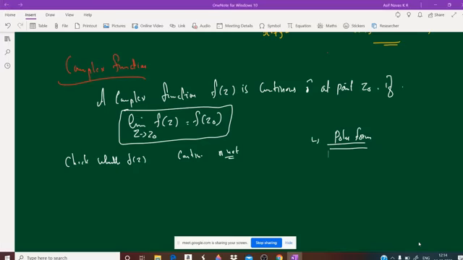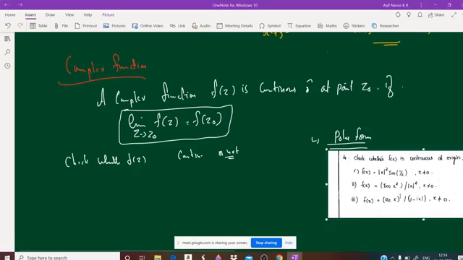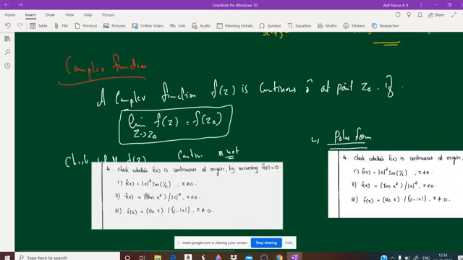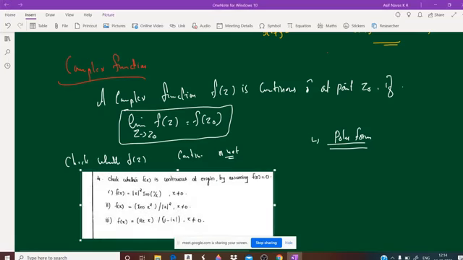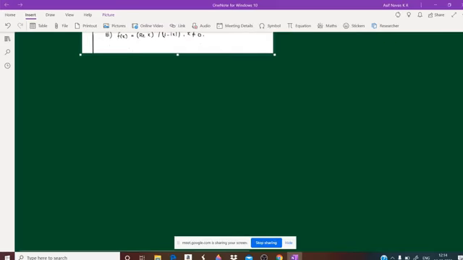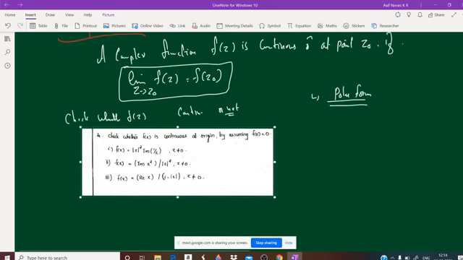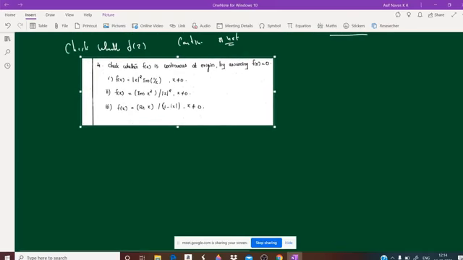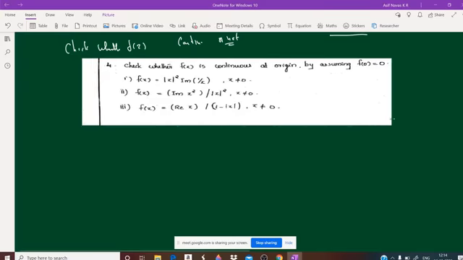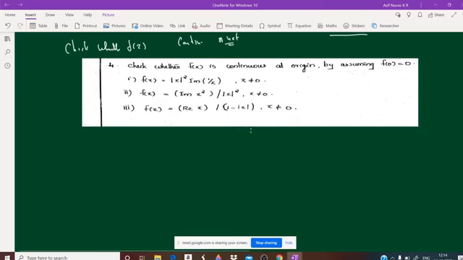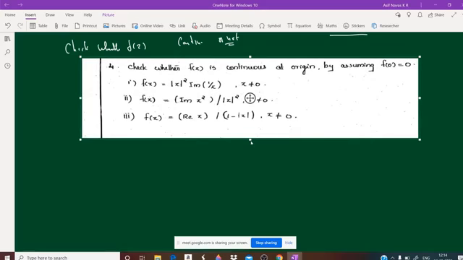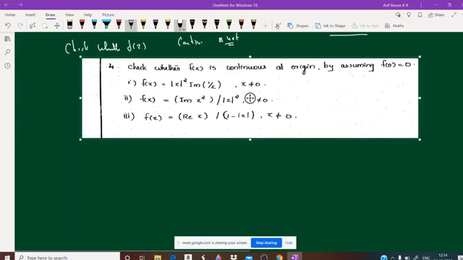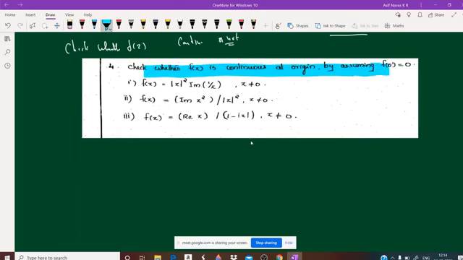This type of problem is very easy. So the first question is: check whether the function f of z is continuous at the origin by assuming f of 0 is equal to 0.